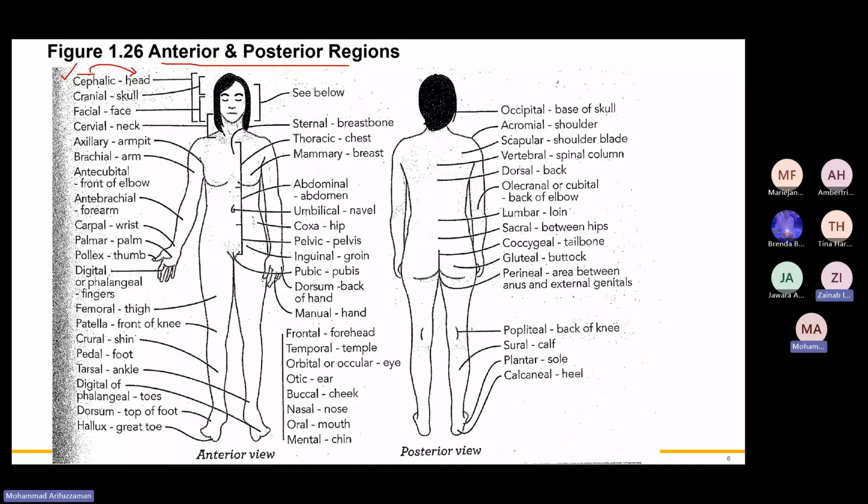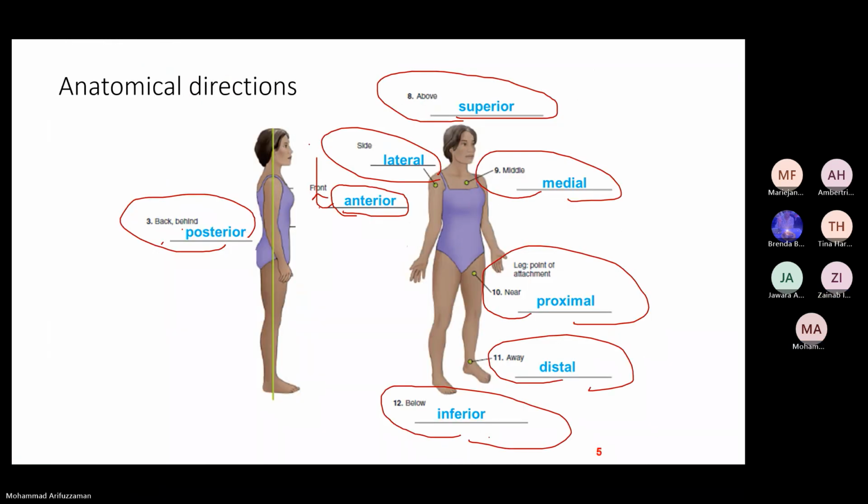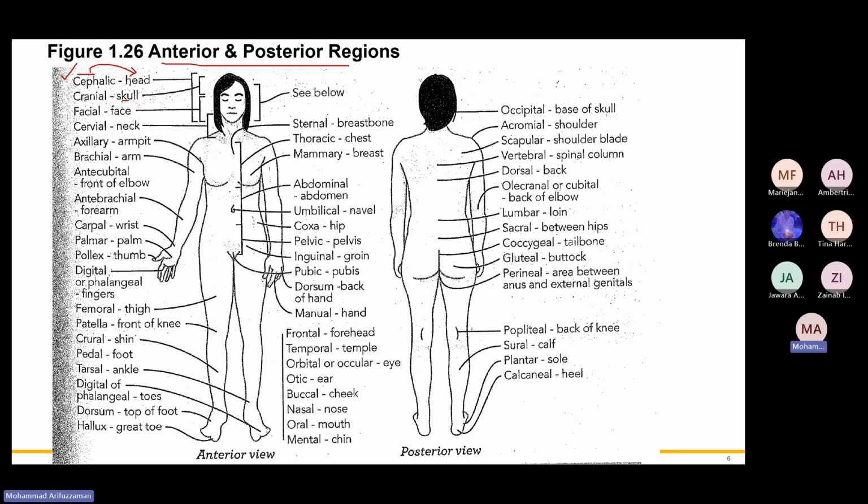Cranial is the skull. Go back to the previous slide. Sure. Thank you. Come forward. Welcome. Cranial is the skull. You can see the skull bone. Cranial is also an important term.